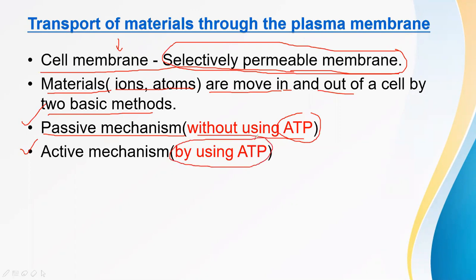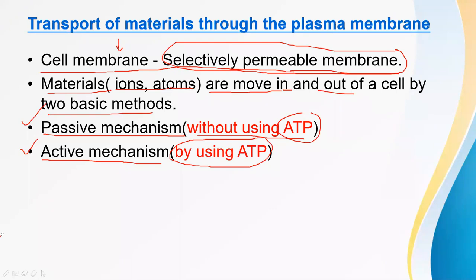What is the energy here? That is ATP. In brief, the active mechanism uses energy and the passive mechanism doesn't need any energy. So these two mechanisms give the information about the movement of materials in and out of the cell.